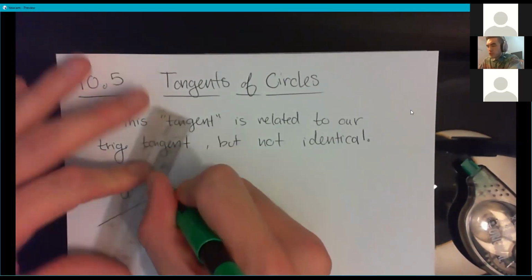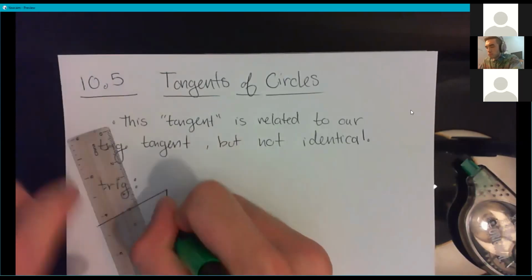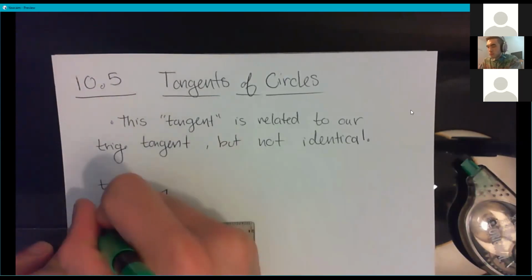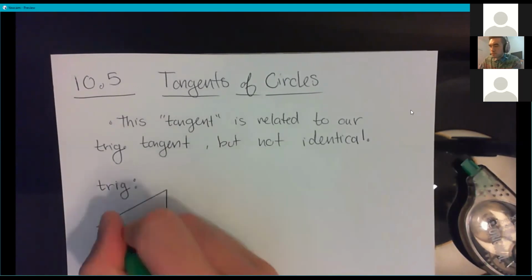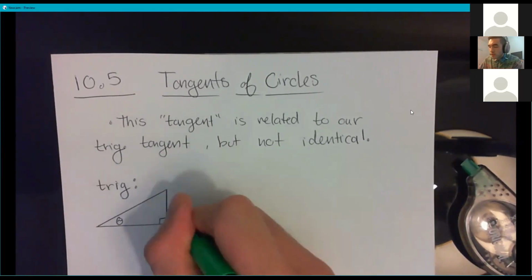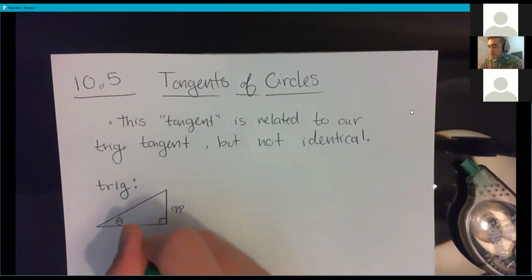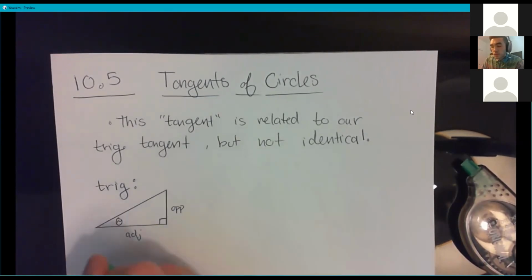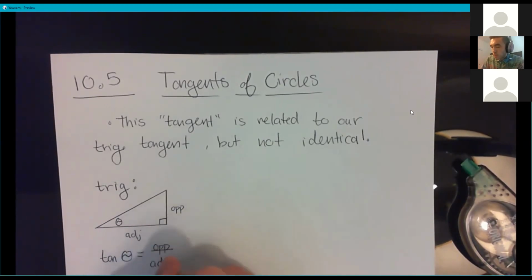Our most base definition of it. Opposite over adjacent. Yeah, so for some right triangle, if I have some angle theta, and from this angle theta, we have an opposite side and an adjacent side, and I won't even label that third one because I don't need to. We are aware that there is some tangent theta, which is equal to the opposite side length divided by the adjacent side length.